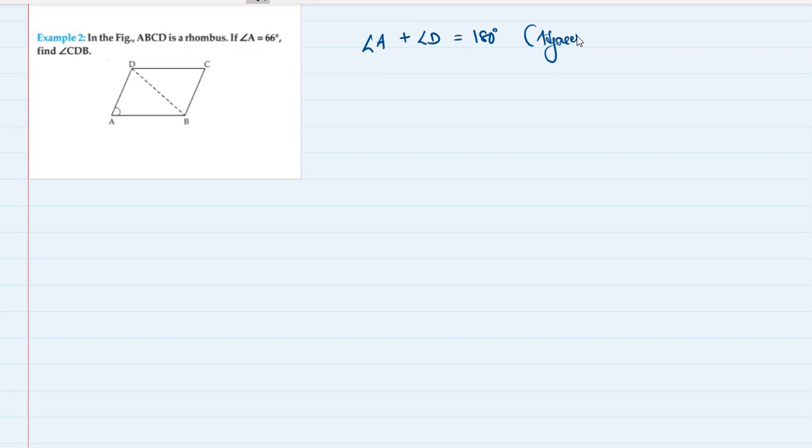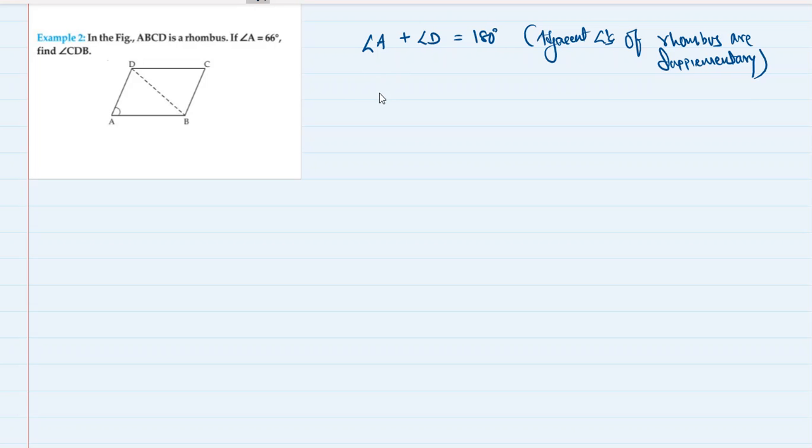So ABCD is a rhombus. Angle A is 66 degrees. Find angle CDB. Angle A plus angle D is equal to 180 degrees. Adjacent angles of a rhombus, because a rhombus is a parallelogram, are supplementary.